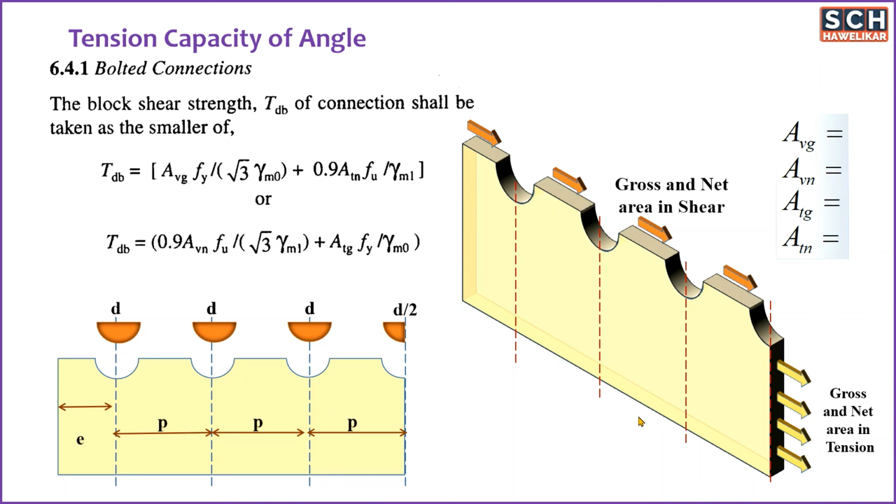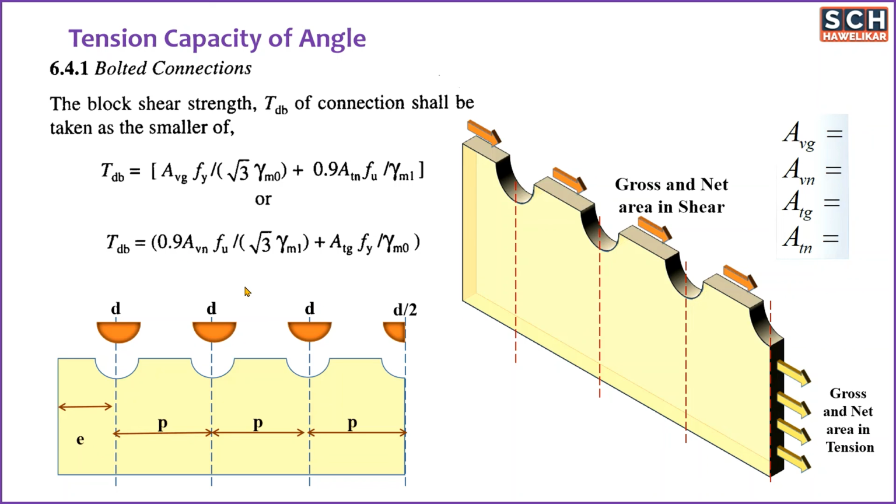Why is it so? Because when the total member is subjected to the tension, observe this isometric diagram here. This top part is under shear, so this fails in shear, whereas this vertical part, or again we can say the part which is perpendicular or normal to the line of action of force, is in tension, and the part which is parallel to the line of action of force is in shear.